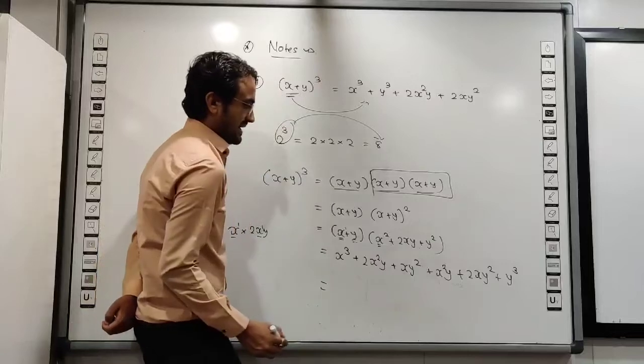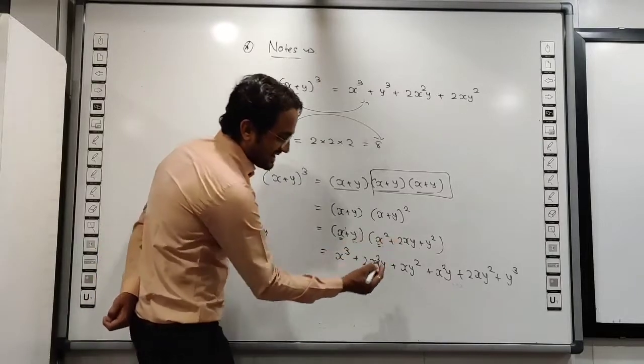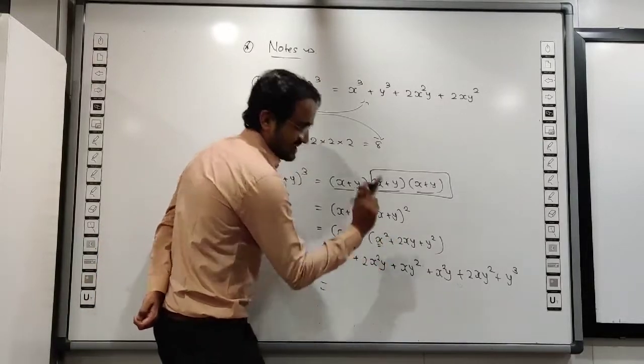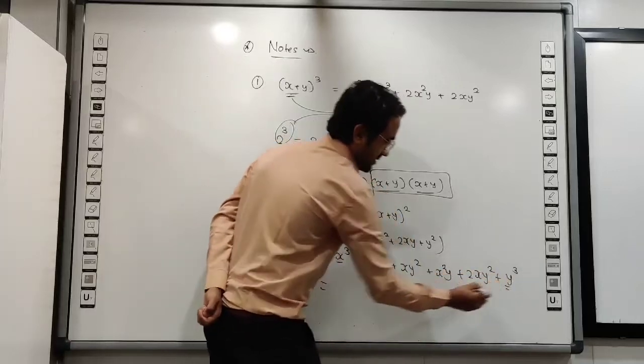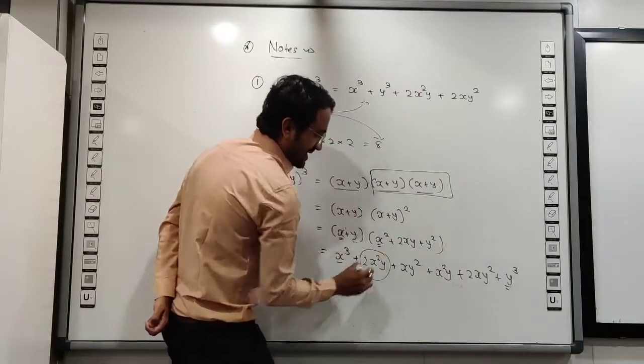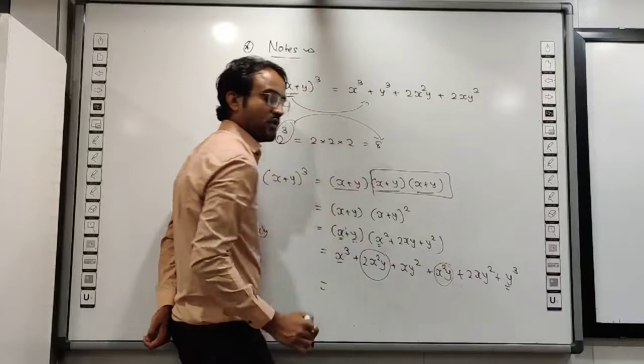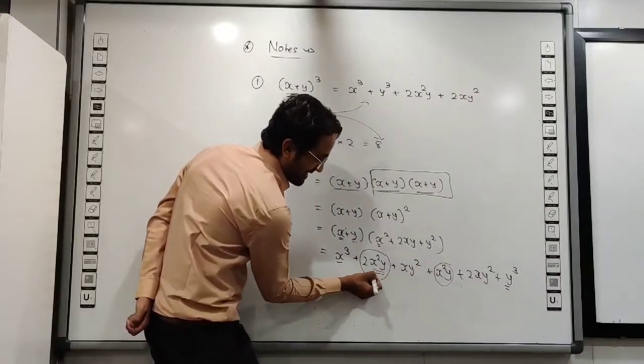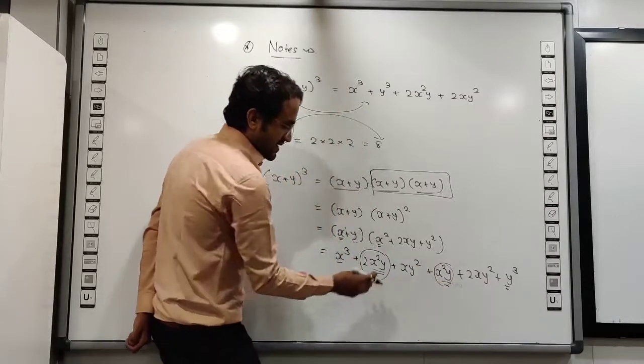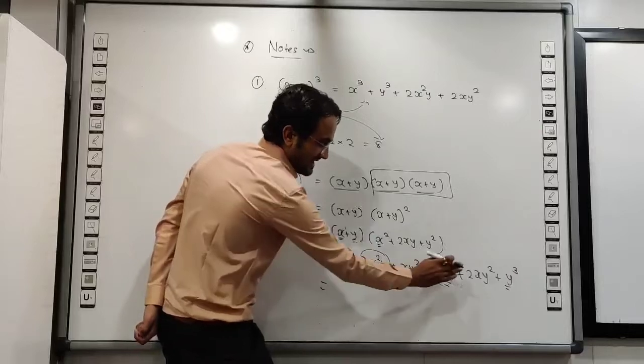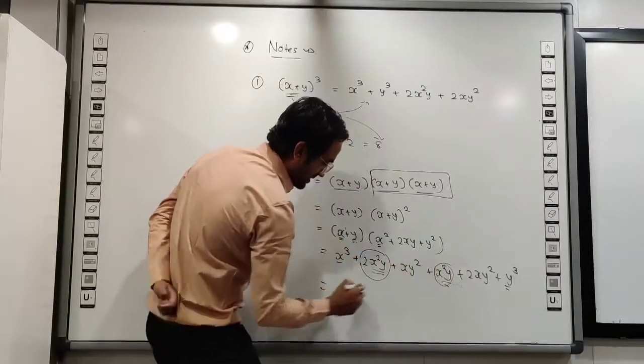Now if I write in simple terms, this one is alone, this one is also alone. Here 2x square y and x square y are both like terms because the variables are the same. This one is 2 and this one is 1, 2 plus 1 is 3.